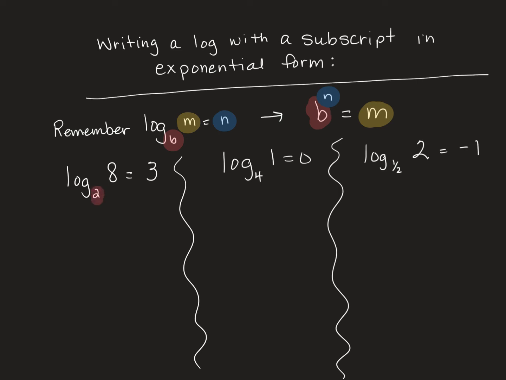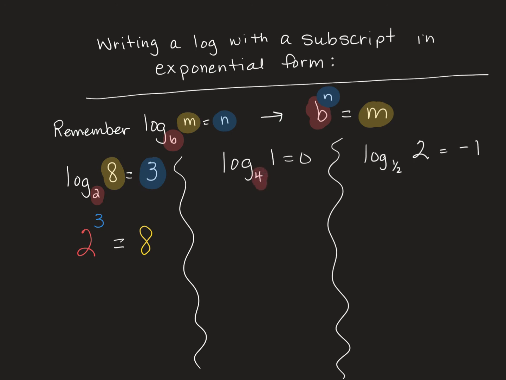Here's my base, here's my exponent, here is my number next to the log. So now we're just going to fill it in. This is 2 to the third power equals 8. Okay, do you see how that works? So let's do it again.